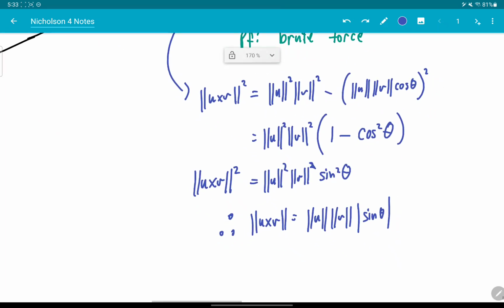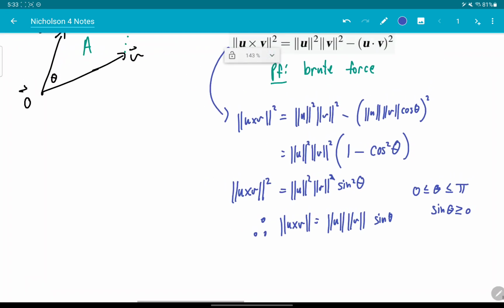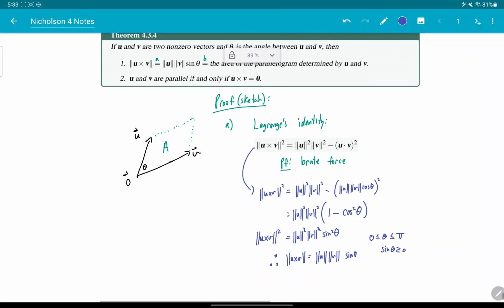So this angle theta will be between 0 and pi. So it's positive, so the absolute value can be dropped. Okay, so there's our formula. There's our part A proven. Okay, we've established this equal sign here.